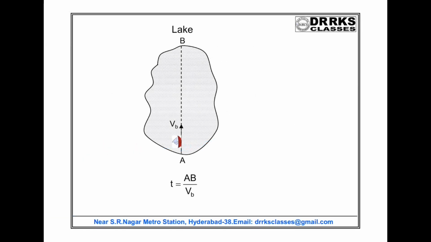So imagine a man wants to cross a lake of width AB where the velocity of water is 0, that is, still water. If he drives the boat along AB, he reaches the target point B after time t = AB/VB, where VB is the velocity of the boat.